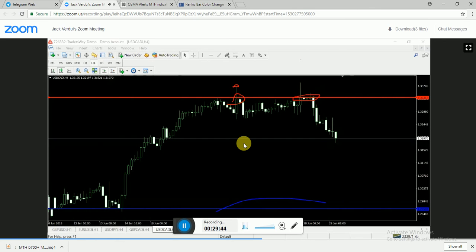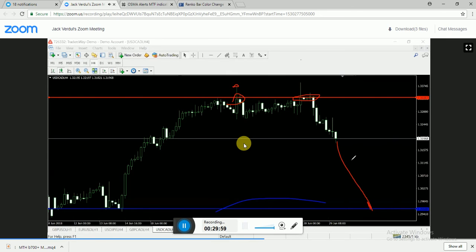It could keep dropping all the way to this support at the bottom. It's probably not going to happen today, but it could continue dropping all next week. So if you're already in that UCAD sale, you could possibly stay in there and be safe for quite a while.